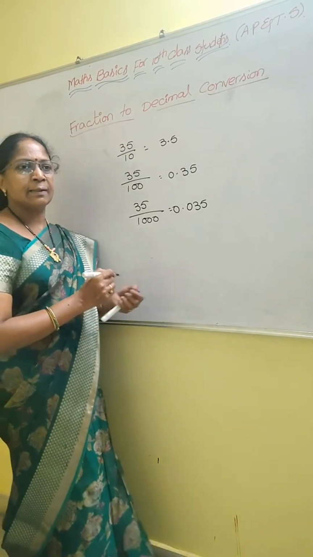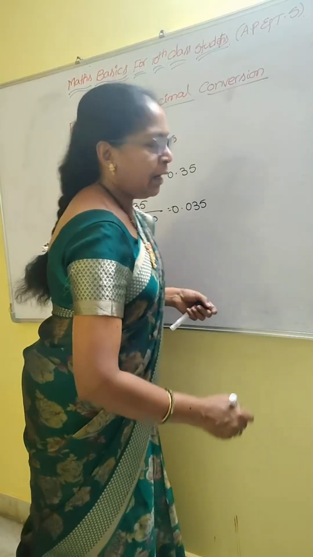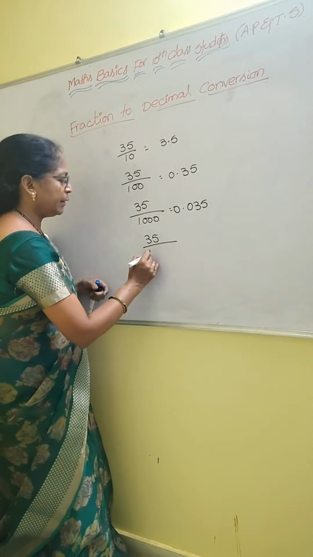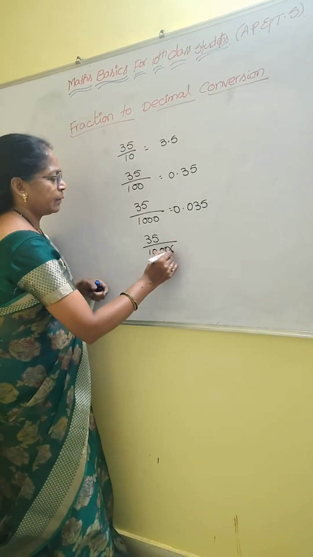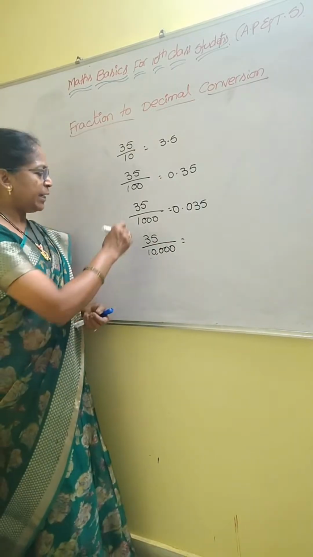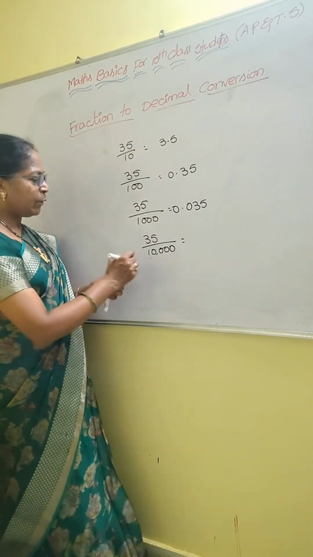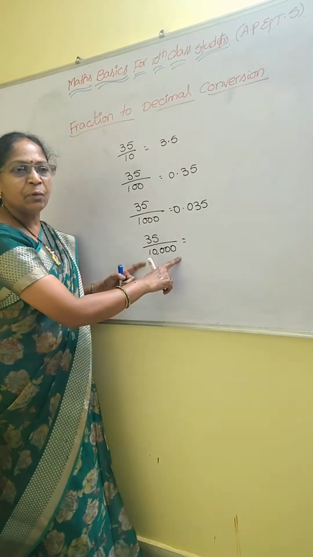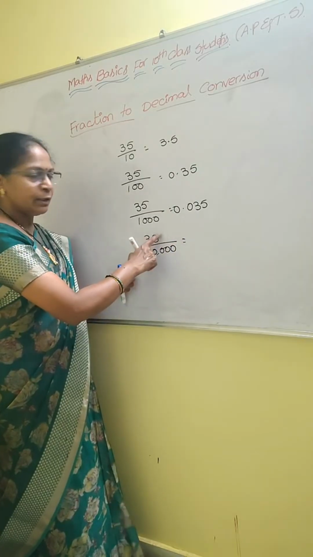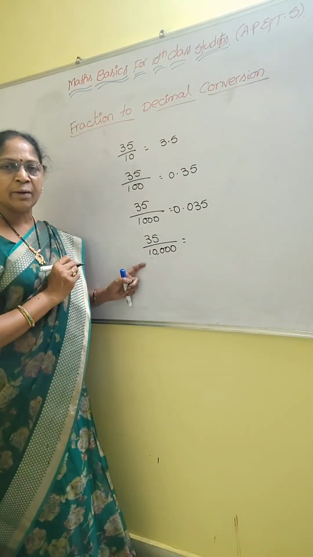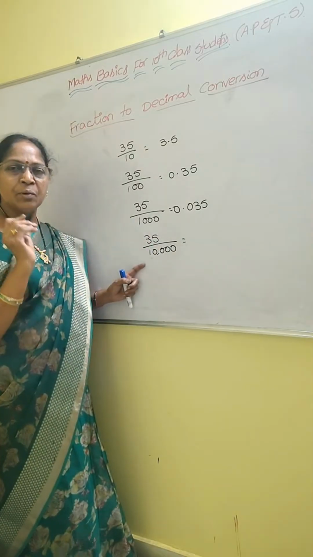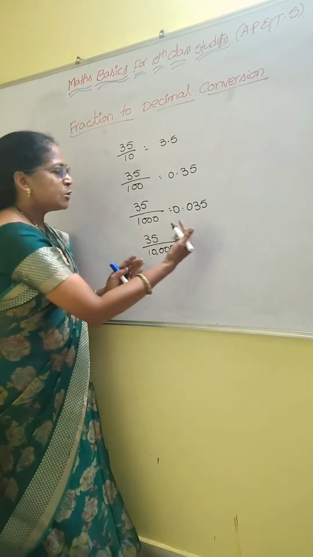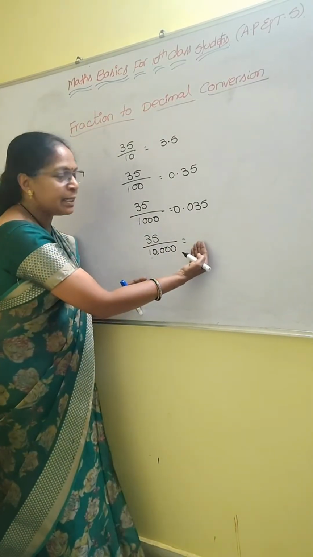Any doubts in this? One more, 35 divided by 10,000. How many zeros are there? Count the number of zeros. 4 zeros are there. So take the numerator value and count 4 digits, and keep the decimal point before them.